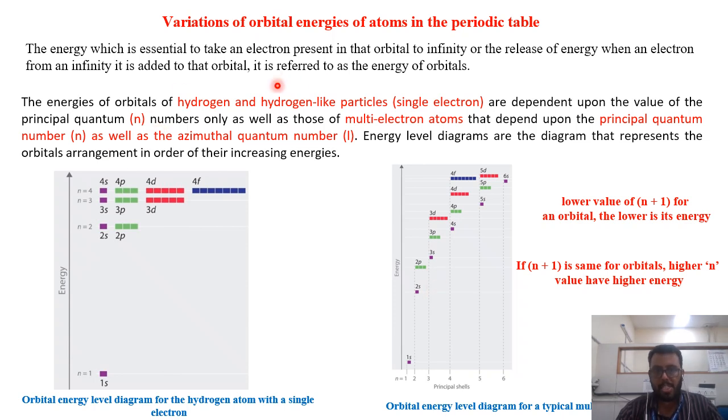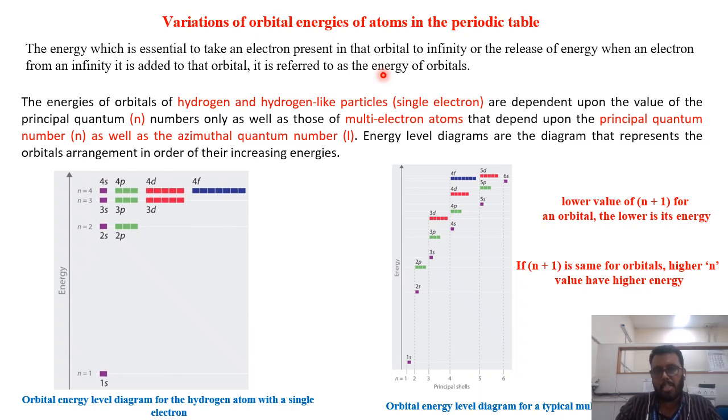The energy which is essential to take an electron present in an orbital to infinity: you have an orbital, you have the electron, and you move the electron from that orbital to infinity. When you move that, there will be an energy exchange, and when an electron from infinity is added to that orbital, an energy release will be there.